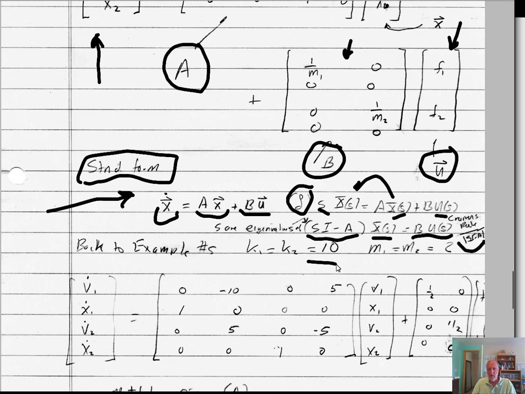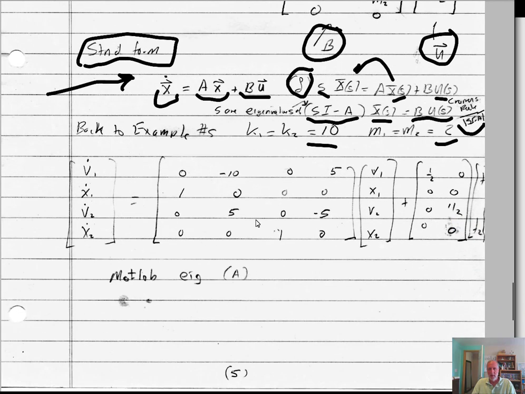We'll plug in the same numbers we had before. So there's our spring constants and our mass. And in state space form, it's spread out now because we have 4 equations instead of 2. And then this is our A matrix.